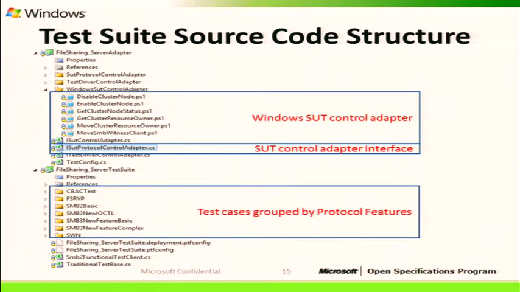Below, we have the test cases grouped by protocol features such as FSRVP, SWN. And we also have a flexible configuration file which could be updated during test execution if we change the environment or replace the SUT server.